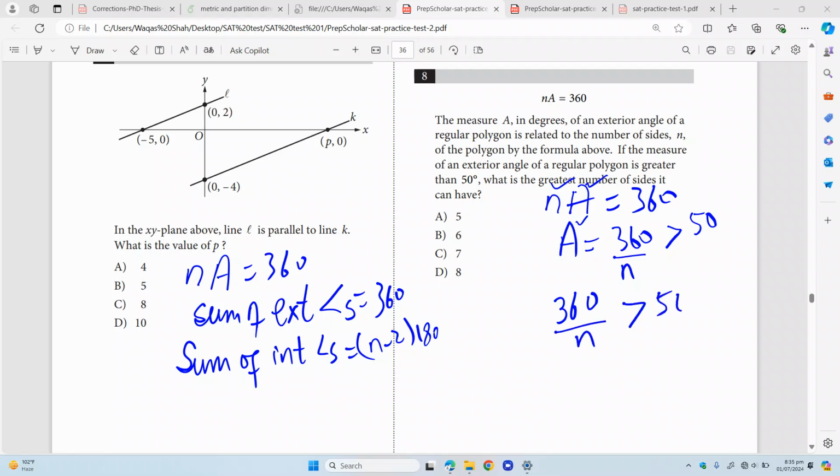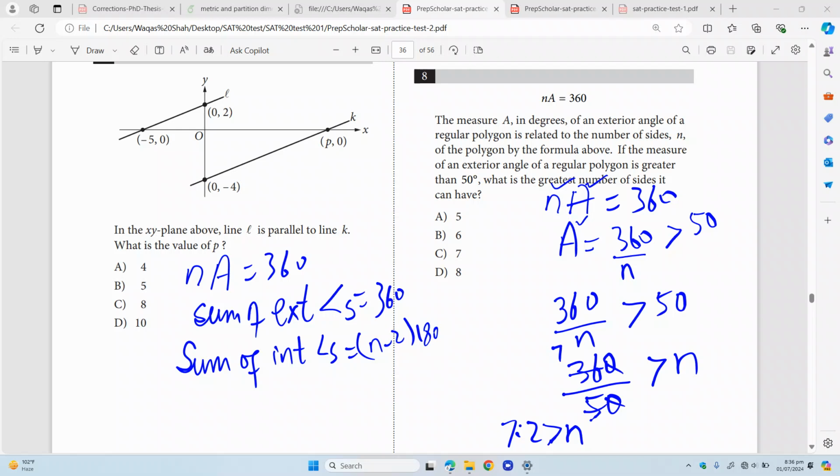360 by n is greater than 50. By cross multiplication we will have 360 divided by 50 greater than n, so it will be 7.2. 7.2 is greater than n, so it means that n will be less than 7.2, and the number of sides has to be a whole number.